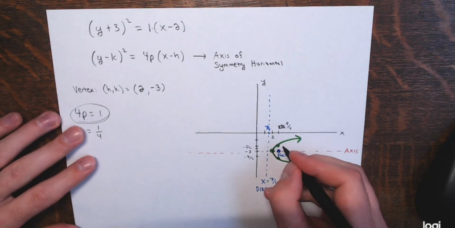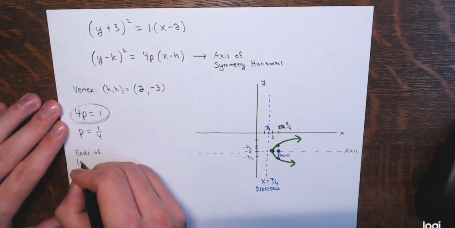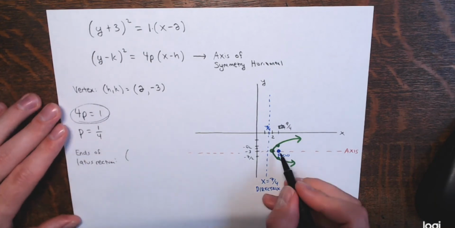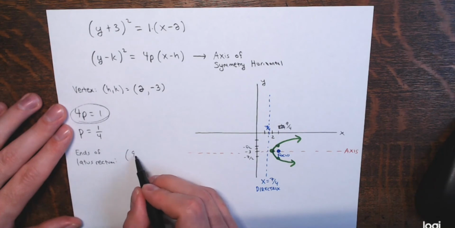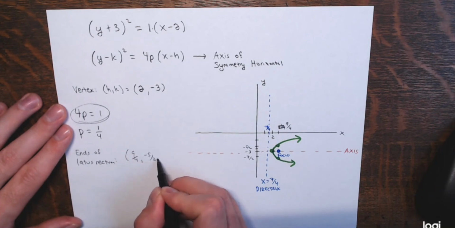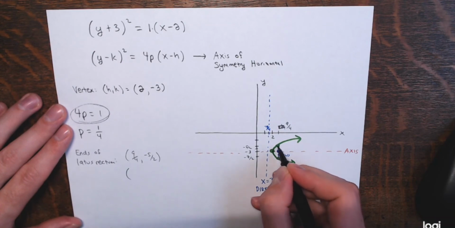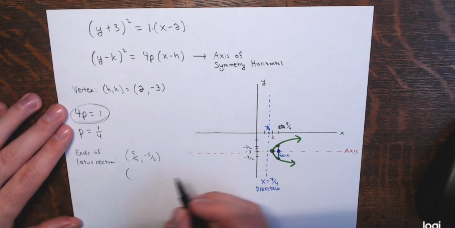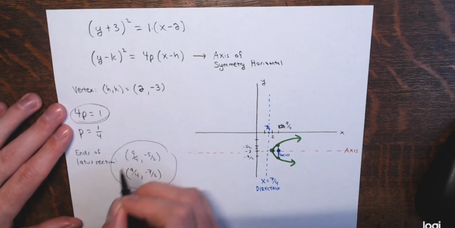At this point, I'll just write it over here, the ends of the latus rectum. One of them is half a unit above the focus, so 9/4, -5/2, and the other one is half a unit below the focus, so that the length of the latus rectum is 1 unit. That's 9/4, -7/2, and these are what we're going to enter right here, right?